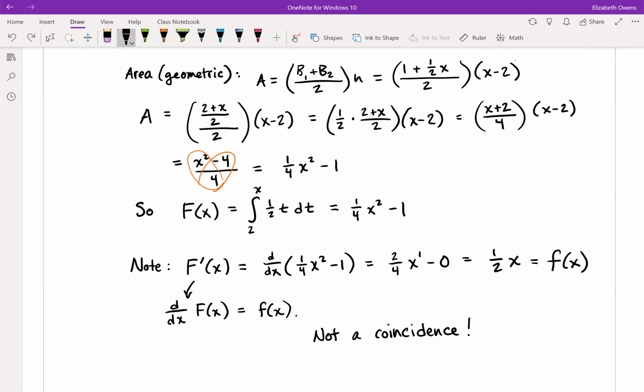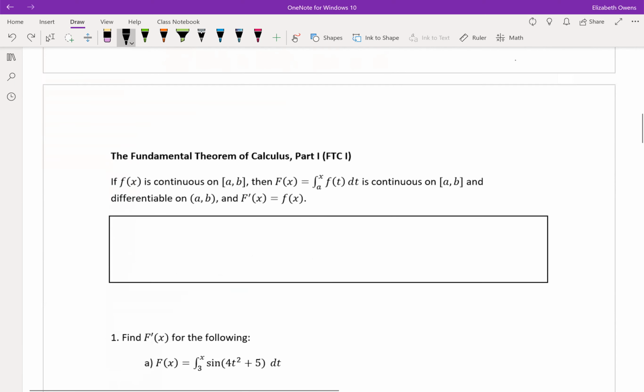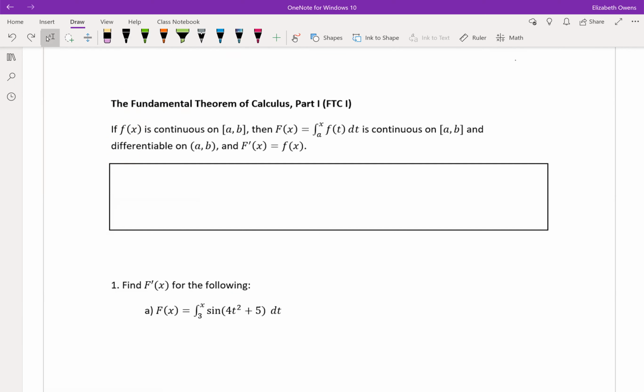Okay, which was kind of a funny thing to see happen there, but it was not a coincidence. This is actually part of the Fundamental Theorem of Calculus, Part 1, or FTC 1 for short. And this says, if little f of x is continuous on the interval from a to b, then big F of x, which is the area function there, the integral from a to x of f of t dt, is continuous on the interval as well and differentiable on the open interval.